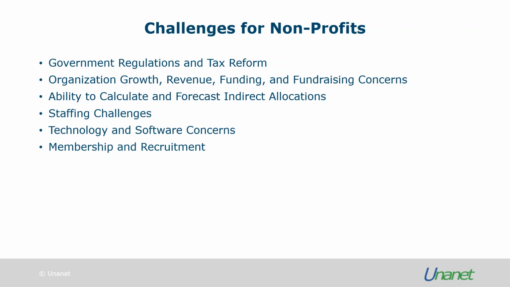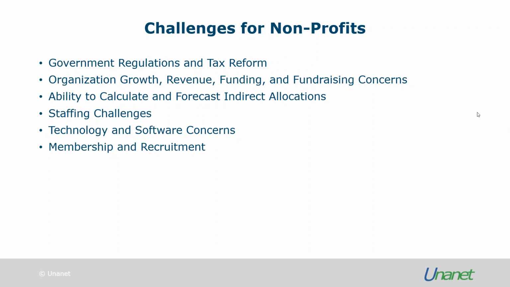The ability to calculate and forecast indirect rate allocation, or just your indirect expenses. I didn't realize how important this was, but whether you're a government contractor or not, it is still important to be able to identify whether you're recovering your costs from your activities. Are you being fair across the board?